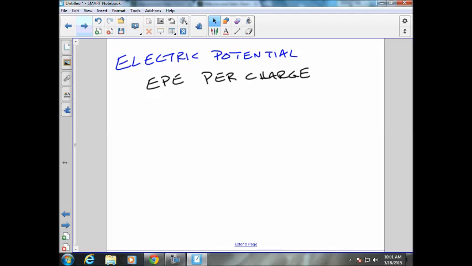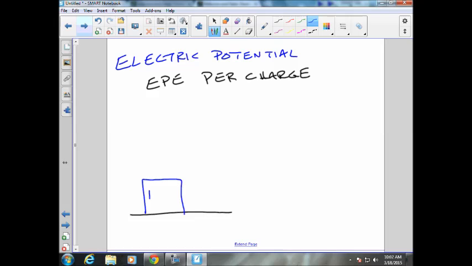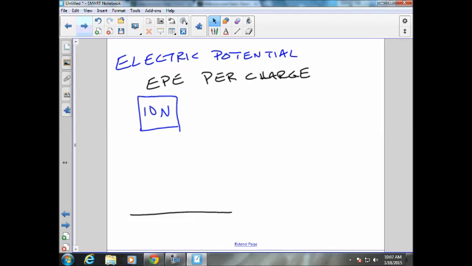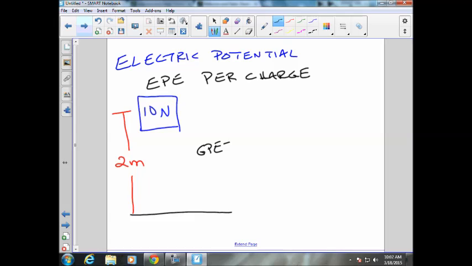Picture it this way, though. Imagine you've got a 10 Newton mass, and you lift that 10 Newton mass to a height 2 meters above the table. Gravitational potential energy is the force times the distance. That's 10 newtons, 2 meters.